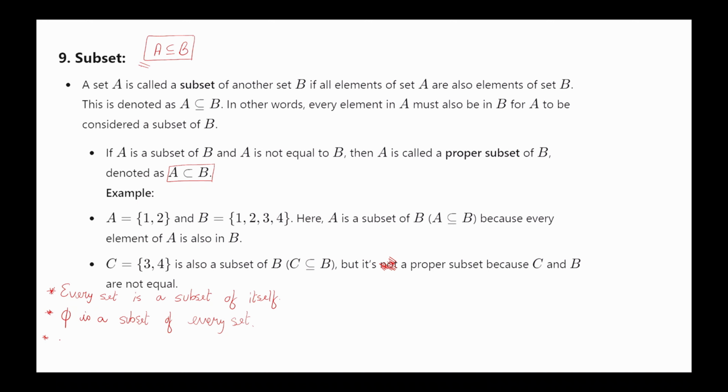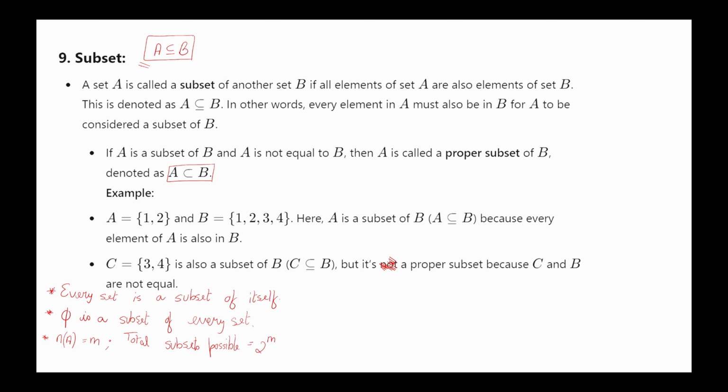Now let's say I have the number of elements in my set as m, then how many subsets are possible for that entire set? So the total subsets possible would be equal to 2 to the power m.